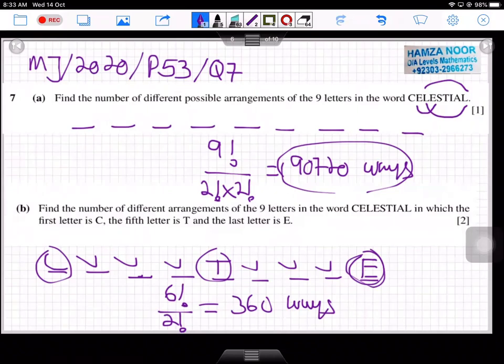In some questions, it has been seen that in the previous part there are some restrictions, so it is not always so simple to use the previous part answer. So 90720 were the possible arrangements in which the 9 letters can arrange themselves without any restrictions.